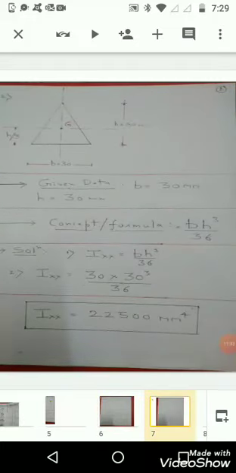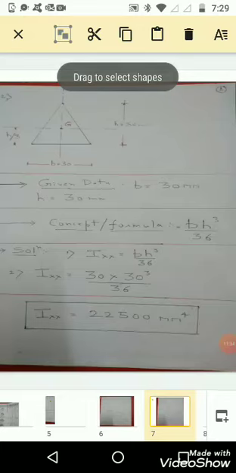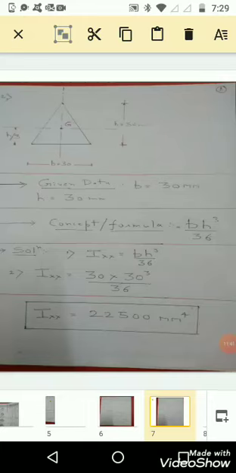Now here we have a different section, an equilateral triangle, that is, all sides are equal. B is equal to 30 and H is equal to 30. The formula is given as BH cube by 36.